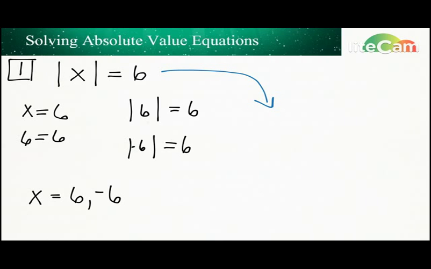So first of all, I know that using an absolute value, the inside can be positive. So let's just set the equation equal to positive. But then I also know that inside of the absolute value sign, I can set it up to be a negative.